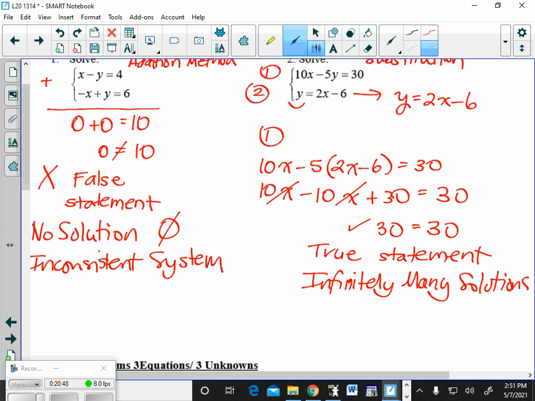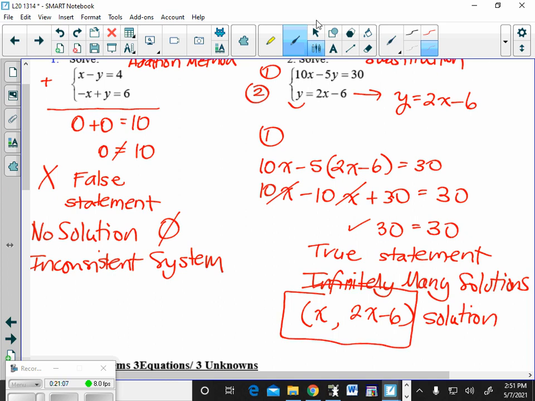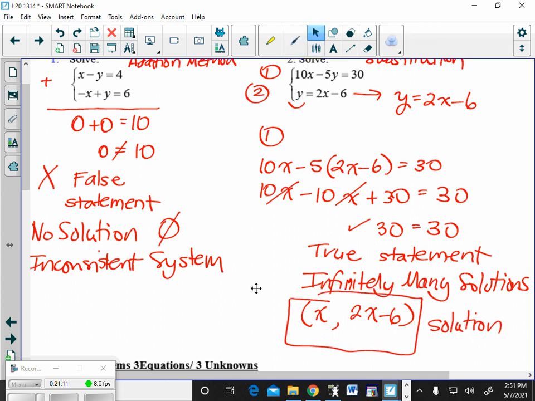And how we write these solutions is, do you see how y is solved in terms of x? So we can write x and then y in terms of x. And you can do that for either variable. So that is our solution: (x, 2x minus 6).